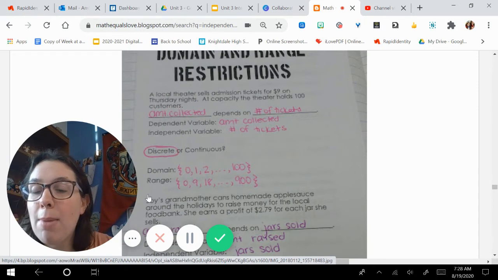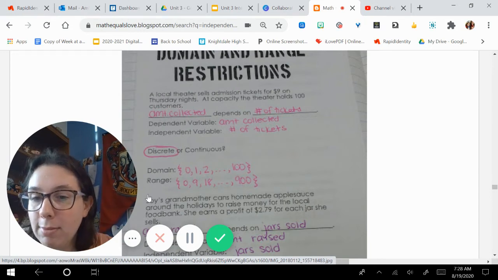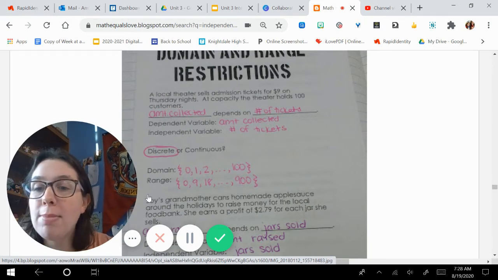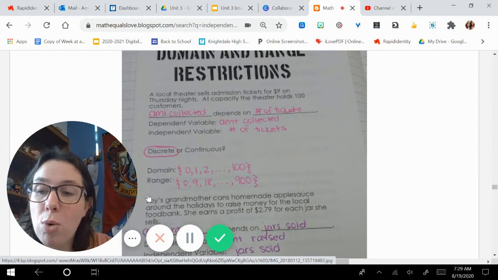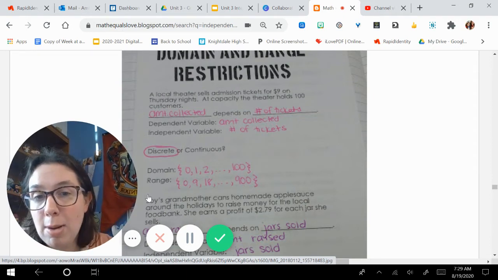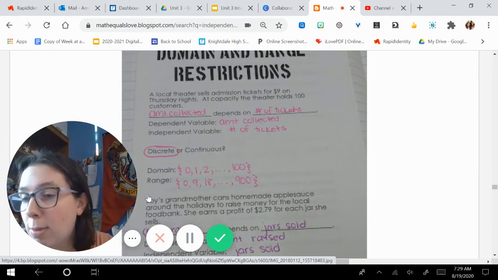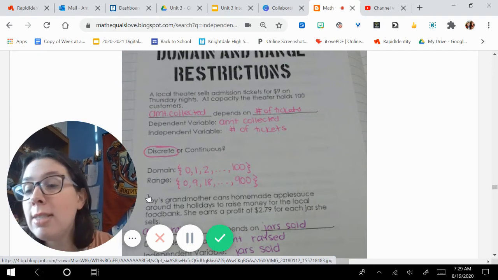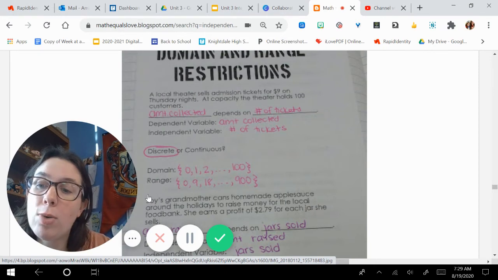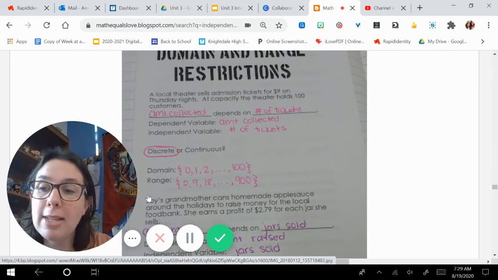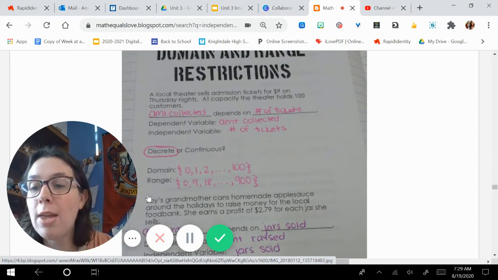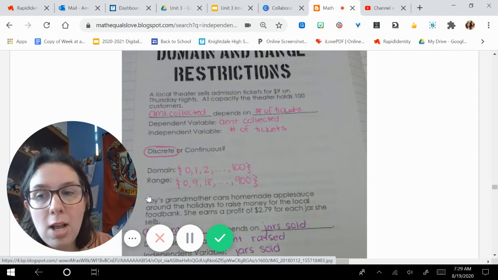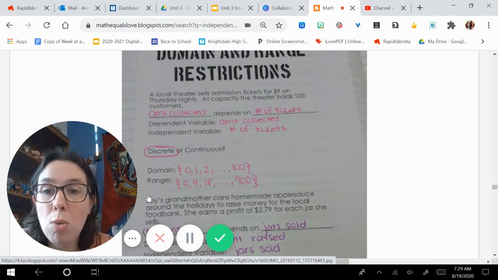So now we've got to think about our domain and range. Domain, again, is the X value or the independent variable, and that is the amount of tickets or people. What's the smallest amount of tickets or people the theater can have? 0. I can't have a negative person, so I know my smallest number is 0. So it's going to be 0 and then 1, because I can't have half a person, then 2, and so on.